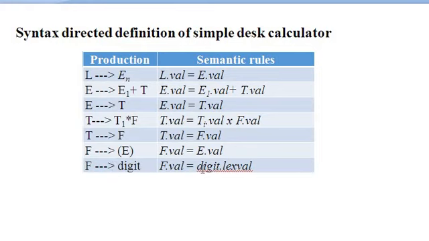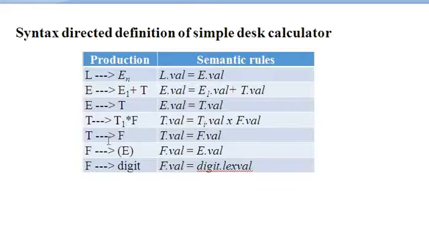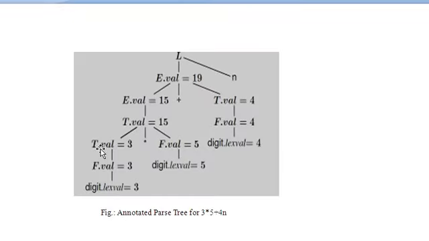So from digit dot lexval you can find your F dot value. So F dot value is equal to 3. From F you can derive T. T gives F, so F dot value is assigned to T dot value. So T dot value is equal to 3.